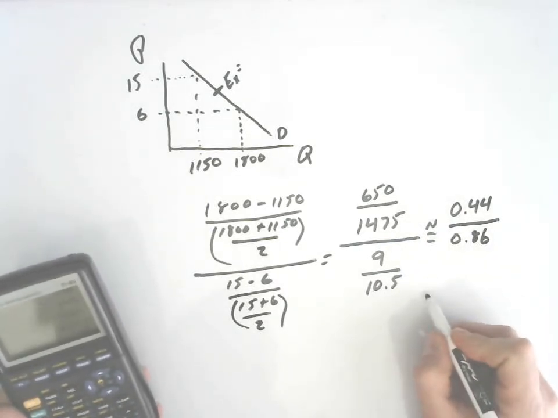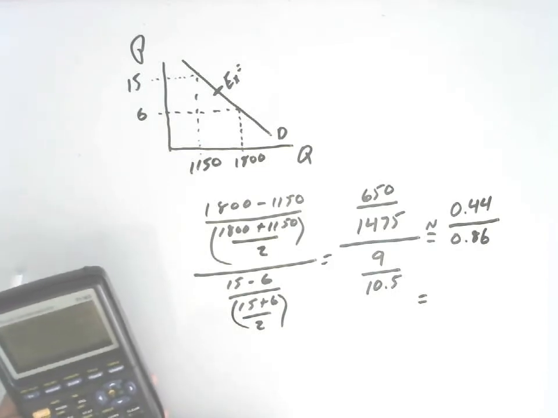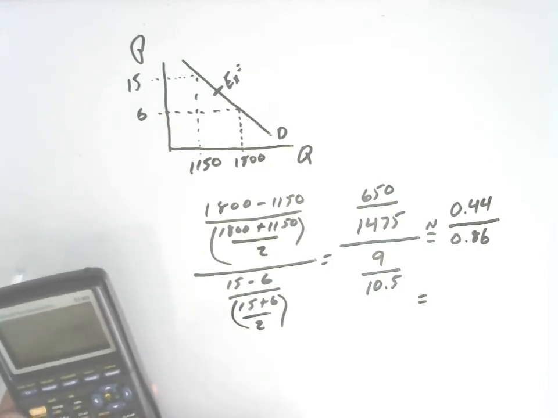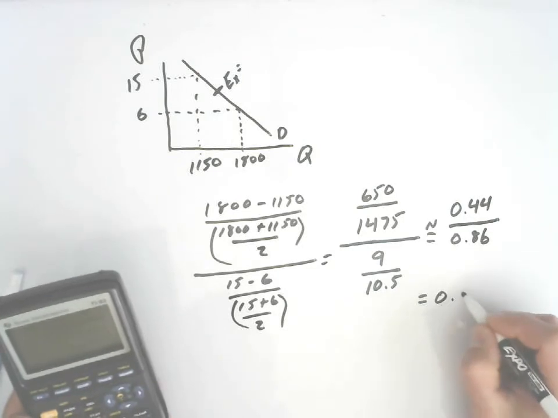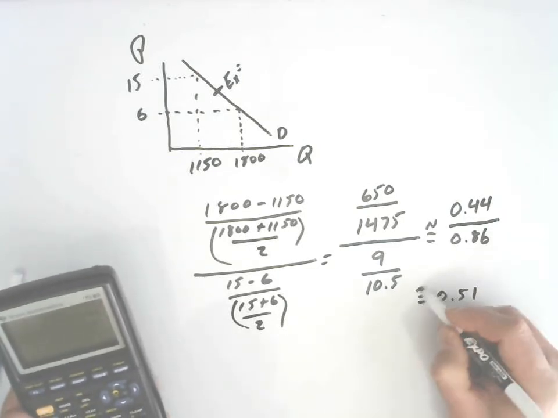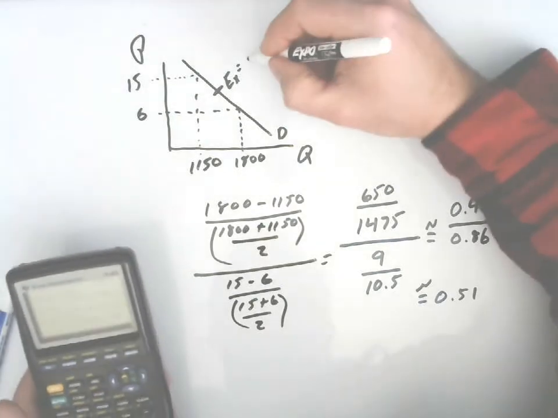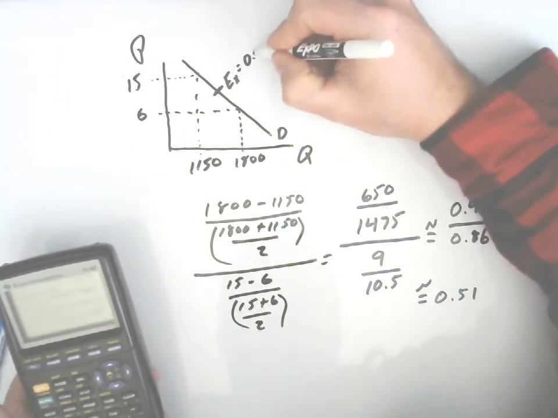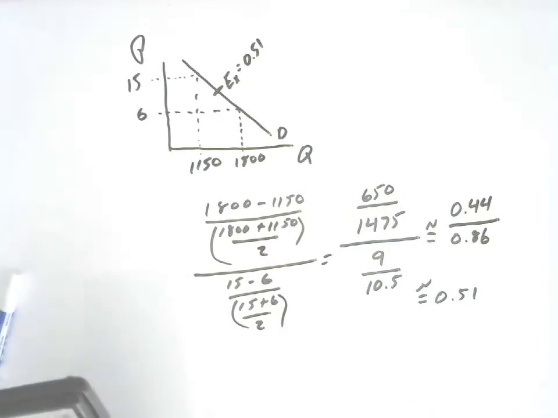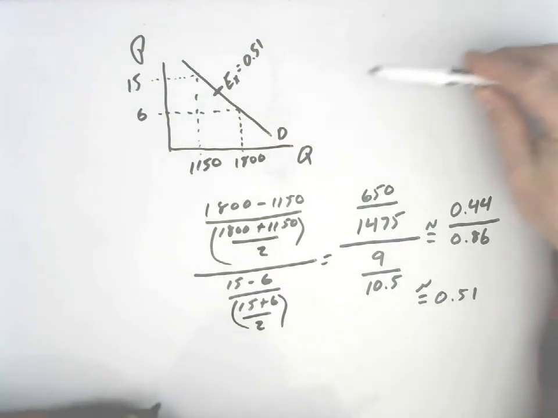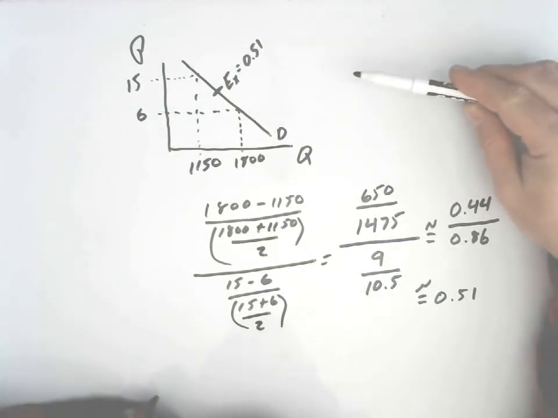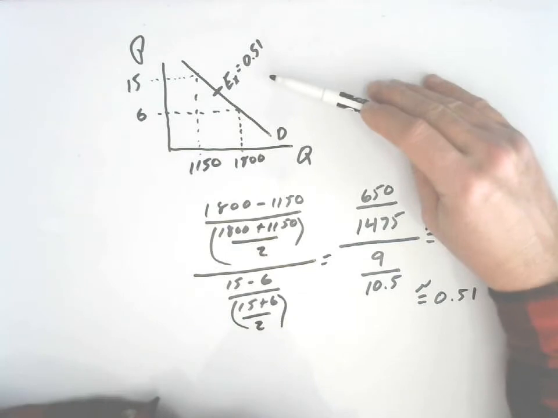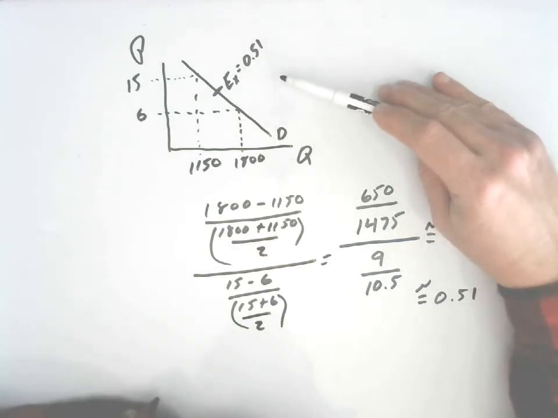So the elasticity value here is 0.44 divided by 0.86, which equals approximately 0.51. Once again, at this midpoint, we get an elasticity value that indicates demand is inelastic at that point. So again, what would I want to do with the price level if I wanted to increase my total revenue? If I wanted to cram more cash into my cash register, I would want to raise the price level of the product.